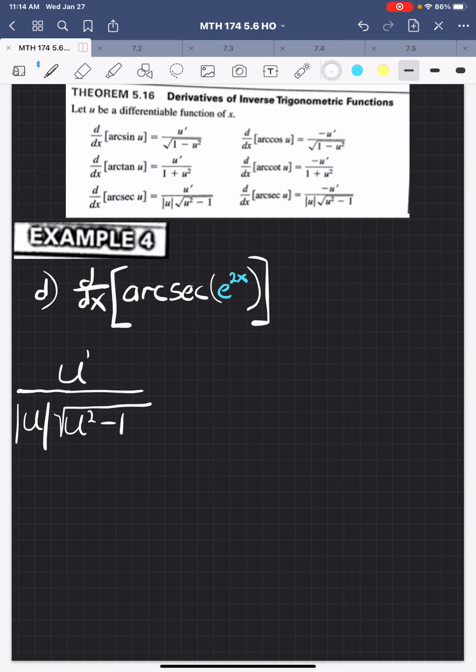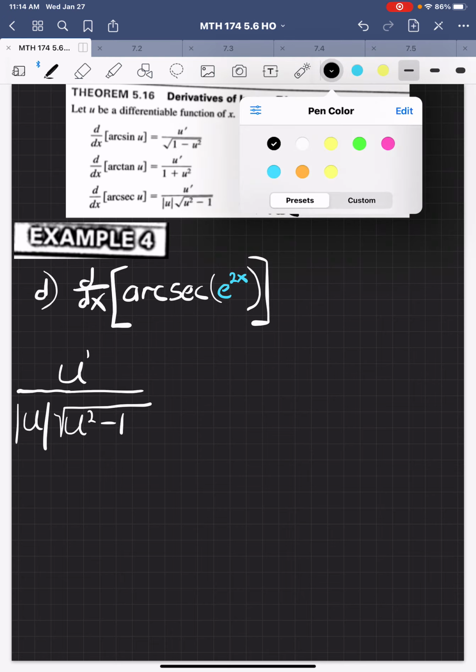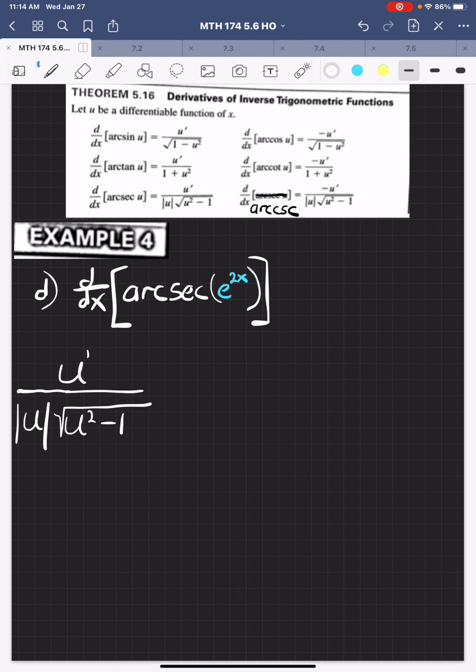So the mistake is this was supposed to be the formula for arc cosecant. Nevertheless, go ahead and just make a note to self. Since we are dealing with arc secant, we want to be using the following derivative formula.